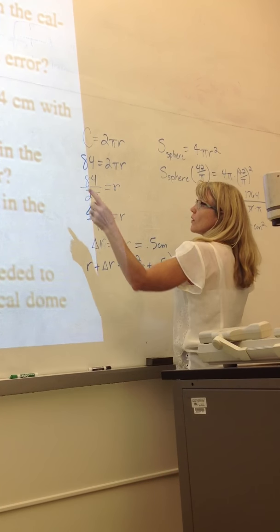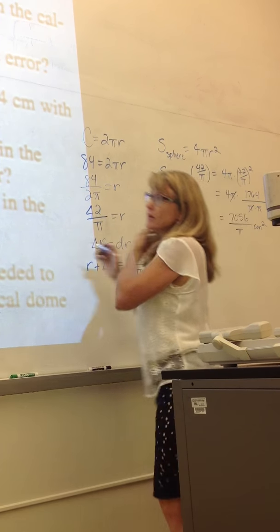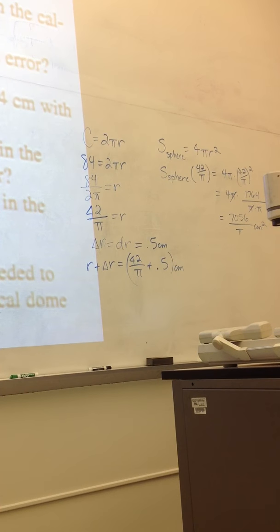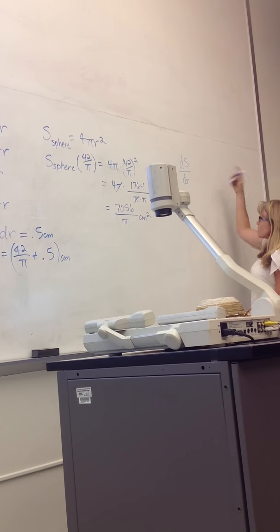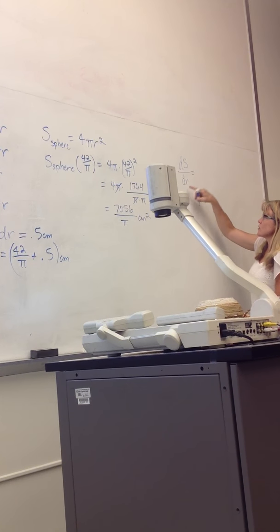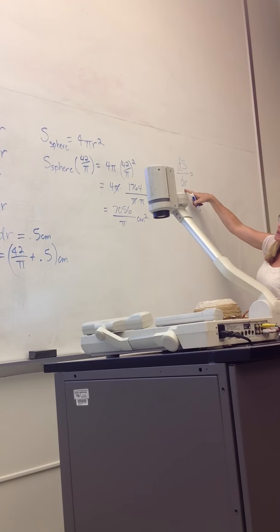But we want to know what the maximum error is, and they're asking us to use differentials. I'm just finding what the exact area should be, but they want us to use differentials to find the maximum error. So what they mean by that is they want us to find ds/dr, but then you're going to multiply both sides by dr. But first we need to find the derivative, ds/dr.